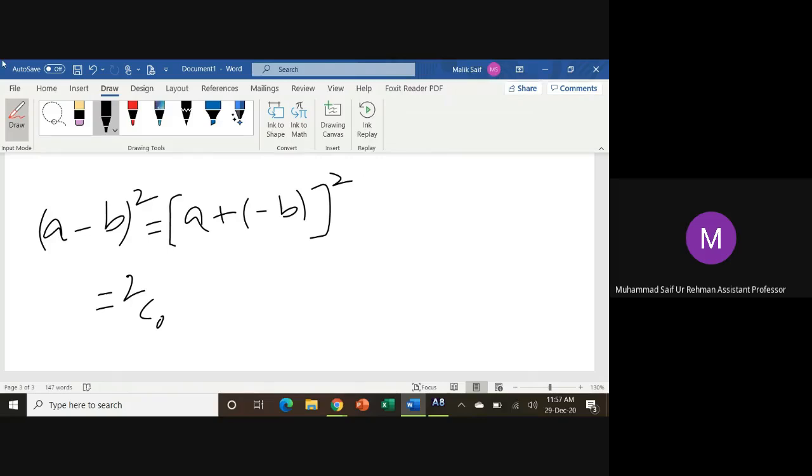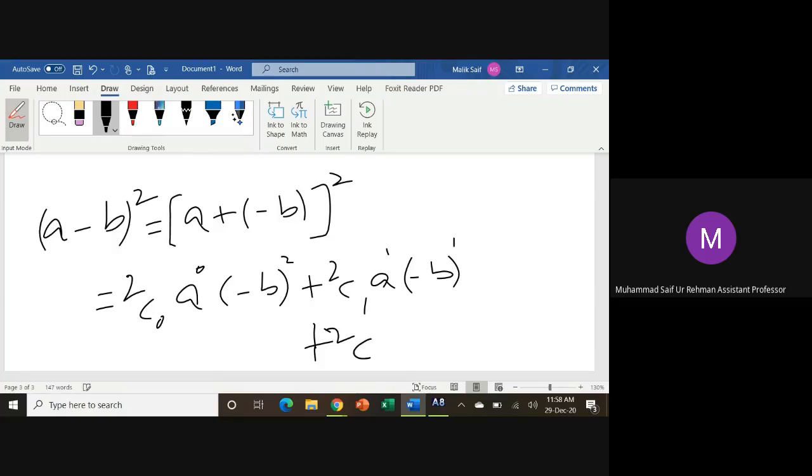You will take x value 0 first, and then a power 0, and then minus b power 2 minus 0, that will be 2, plus 2c1, a power 1, minus b power 2 minus 1, that is 1, plus 2c2, a power 2 and minus b power 2 minus 2, 0.